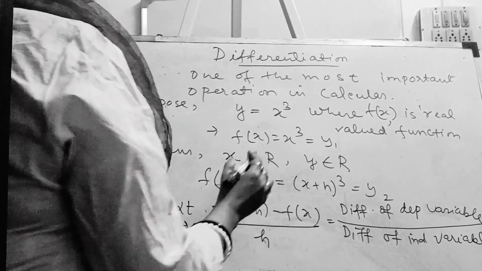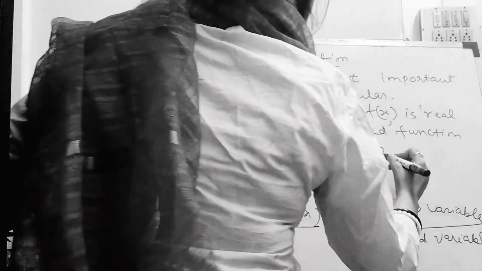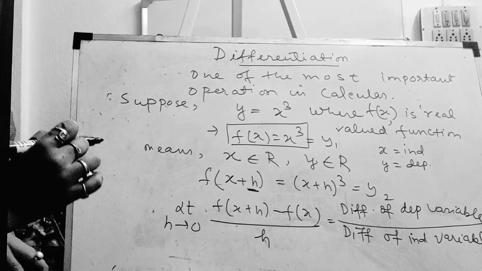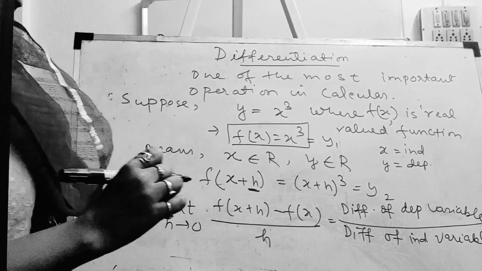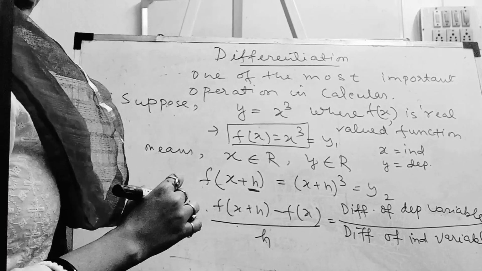What is dependent? In a function f(x) equal to x cube, suppose x is independent and y is dependent. So the definition is the difference of the dependent variable upon the difference of the independent variable.